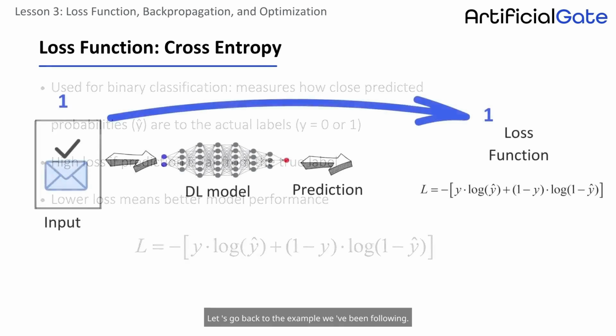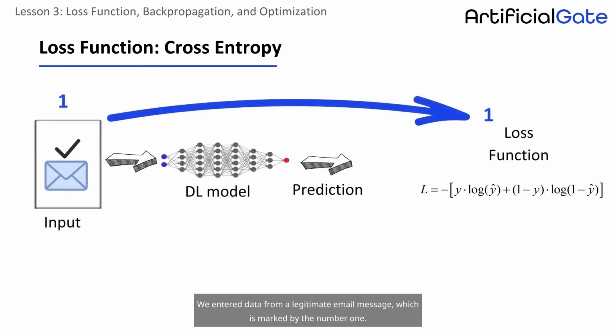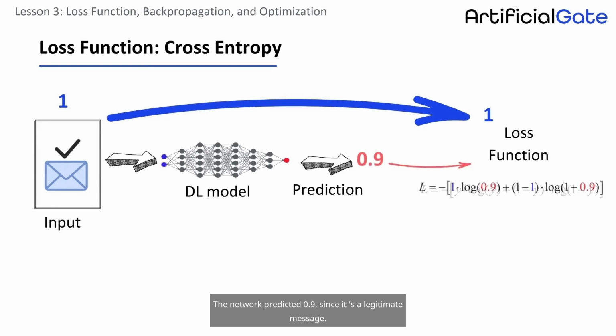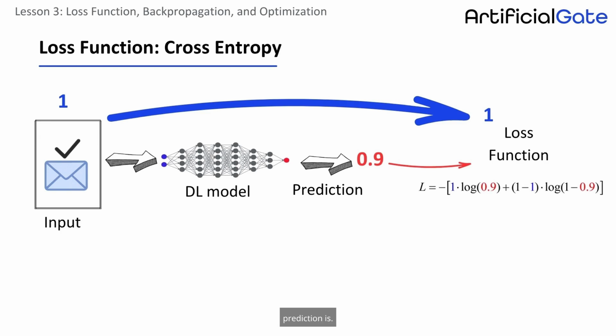Let's go back to the example we've been following. We entered data from a legitimate email message, which is marked by the number 1. The network predicted 0.9 since it's a legitimate message. Now, we input the predicted value and the true value into the loss function, which quantifies how wrong the prediction is.